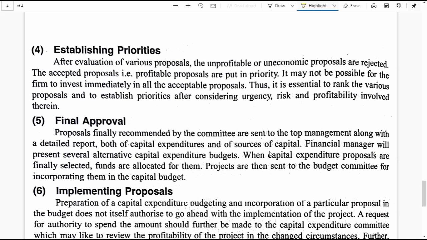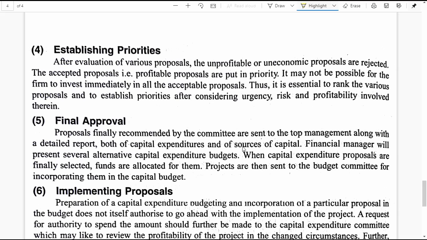It may not be possible for a firm to invest immediately in all acceptable or profitable proposals. Thus, it is essential to rank the various proposals and to establish priorities after considering urgency, risk, profitability, and the objective of the concern.